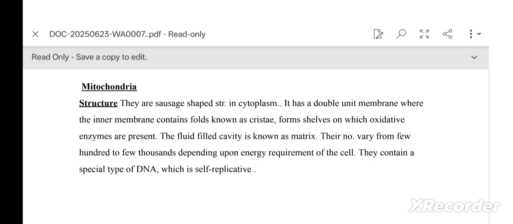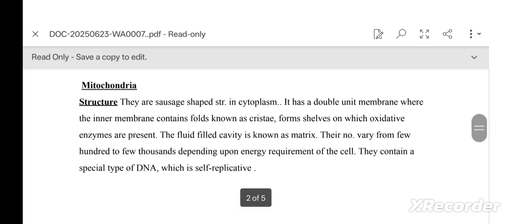The fluid-filled cavity is known as the matrix. Their number varies from a few hundred to thousands depending upon the energy required by the cell. They contain a specific type of DNA which is self-replicating.